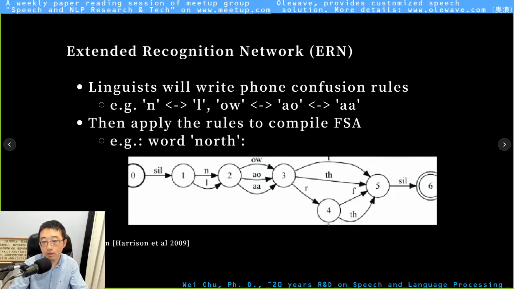So after you finish this, you convert or upgrade the linear FSA into a graph of FSA. And then you just send the mispronounced audio into this graph. And once the FSA accepts it, then the most likely path would be obvious to you. Then that path is the mispronounced phone sequence, okay?